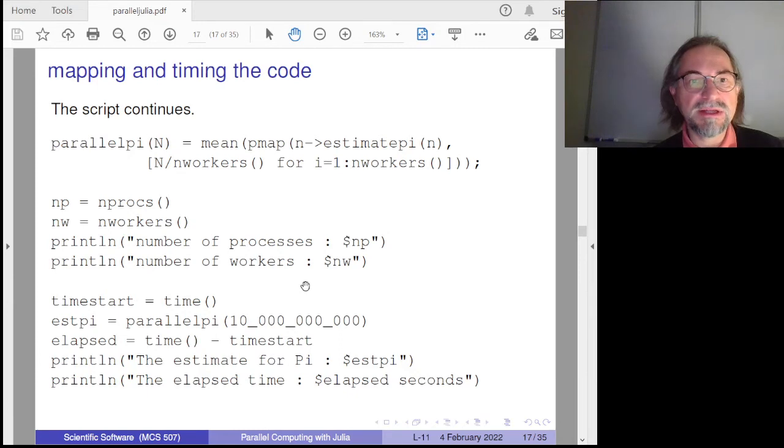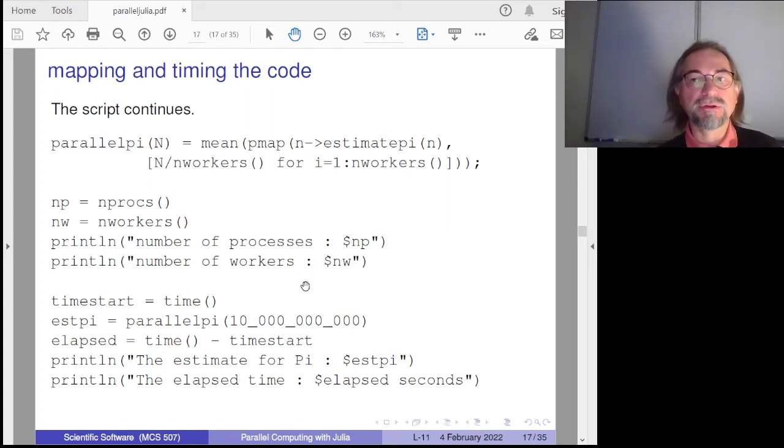So what is the whole point again? The mean is part of the standard library, Statistics. So I was using not only Distributed, but also Statistics. This is where the mean comes from. The pmap and the nworkers all come from the Distributed module. This program will execute the parallel pi, and it will be the master process that executes this.